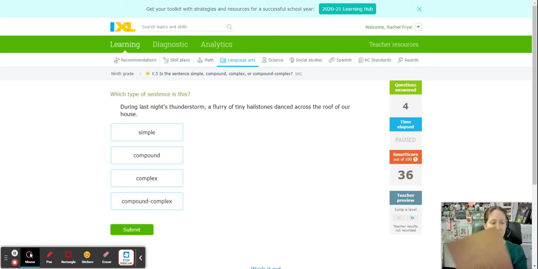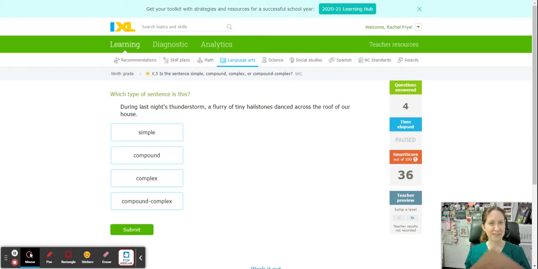So once again, we had simple sentences with one idea, compound sentences that have two main ideas joined with a box, a complex sentence that has one main idea, one needy idea, and then we joined it together for a compound complex with two main ideas and at least one needy idea.